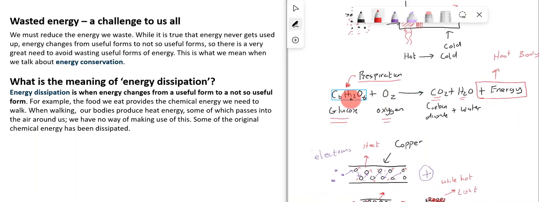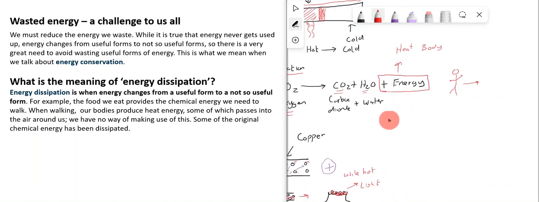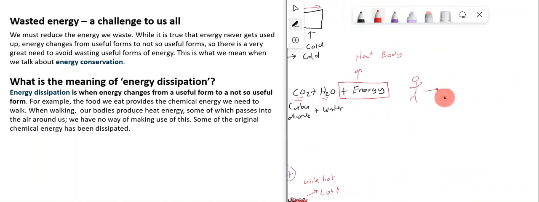Every time you walk, your body is burning glucose, using oxygen and burning glucose, and it's making the energy that you need in order to be able to walk. But as you know, when you start to walk, you start to get hot. And that heat energy that comes from the muscles in your body is dissipated into the environment around you.